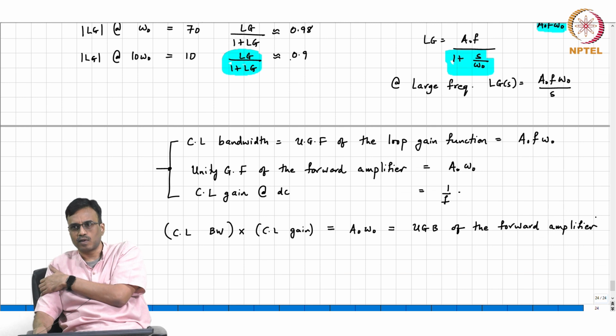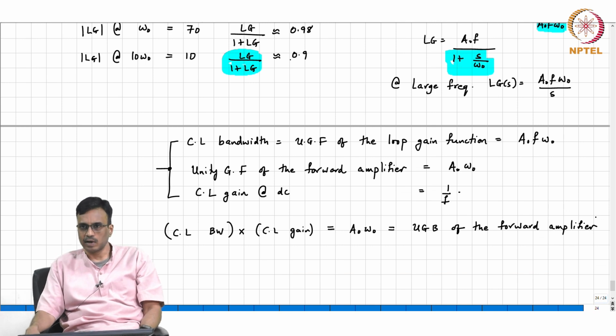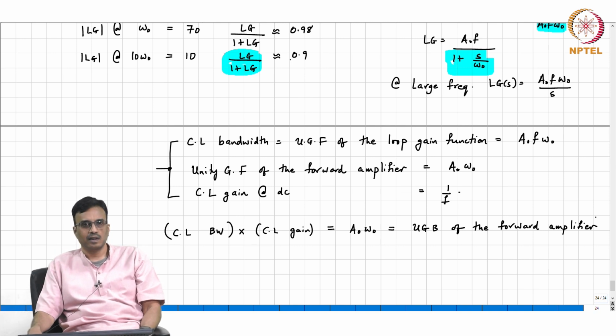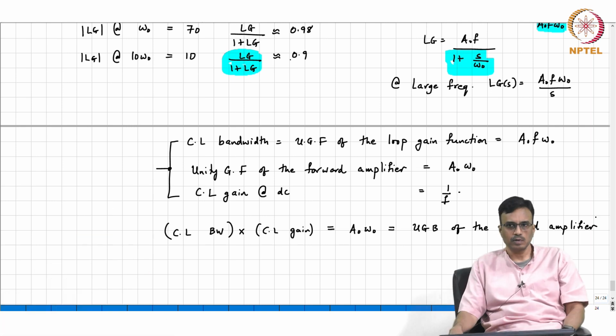That is, the forward amplifier is a first order system and the feedback block is memoryless, so that the loop gain function is a first order system, in which case it is true that if you attempt to increase the closed loop gain, you will reduce the closed loop bandwidth. Does that make sense, people? All right.